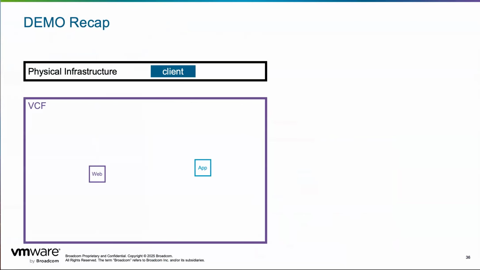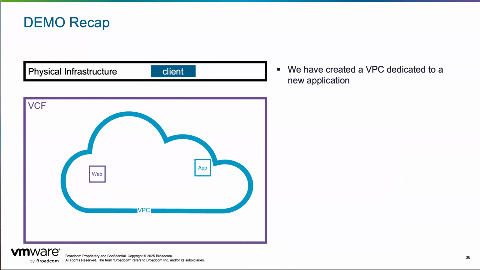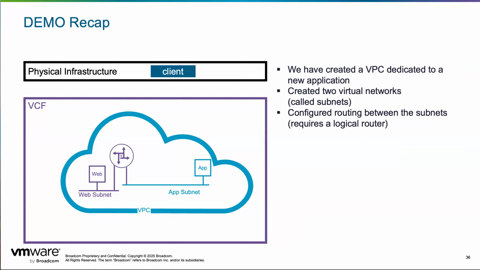Okay, so let me recap the whole demo, and I have a reason to do that. We have created a VPC. We have created two virtual networks called subnets. We've configured routing between them. Actually, we didn't configure it. It was automatically configured for us.